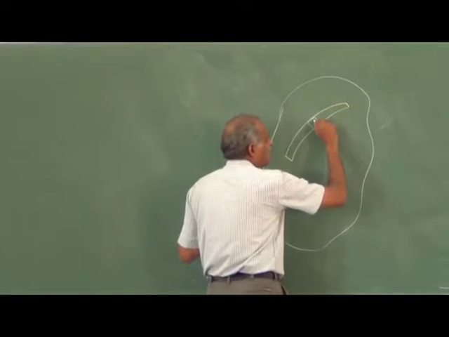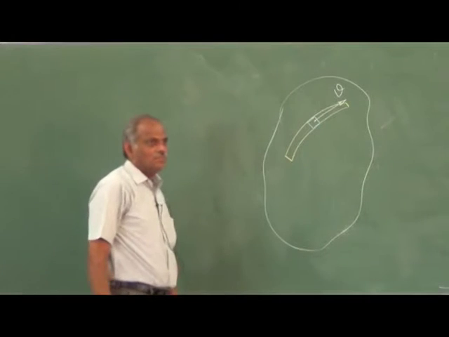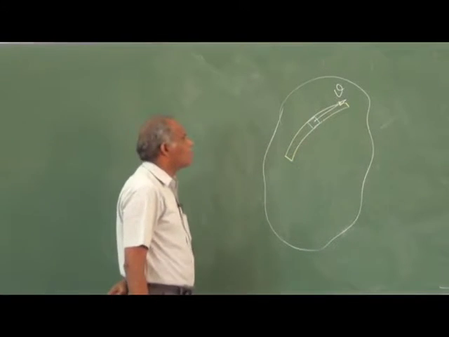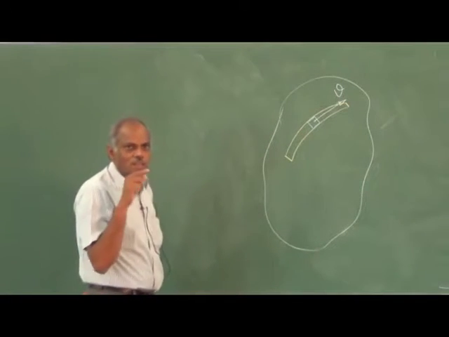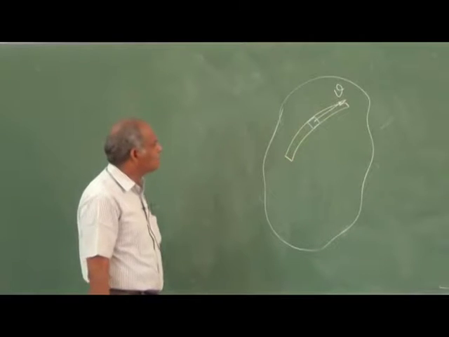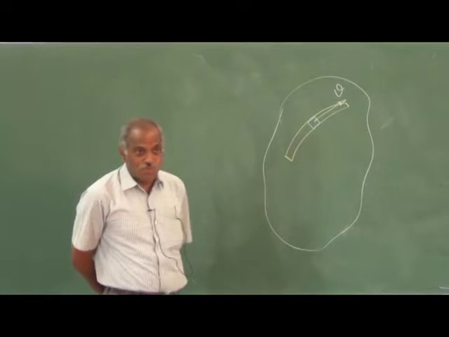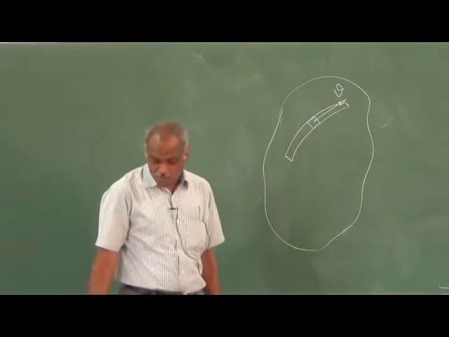Say its velocity is given here as v. I will add notations later. Suppose this is moving at a constant velocity like this. What is the kind of acceleration this will be subjected to? Or should be subjected to?